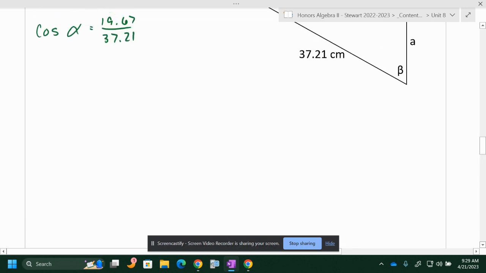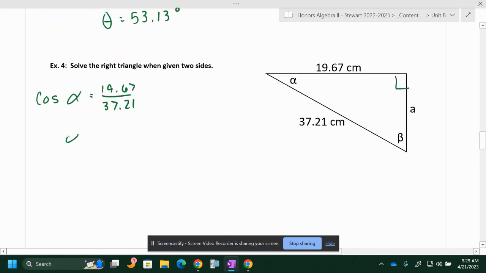So alpha is equal to the inverse cosine of 19.67 over 37.21. So alpha is going to be equal to 58.09.